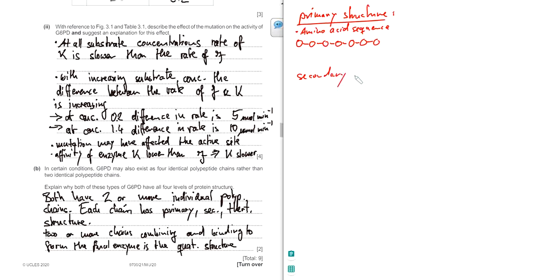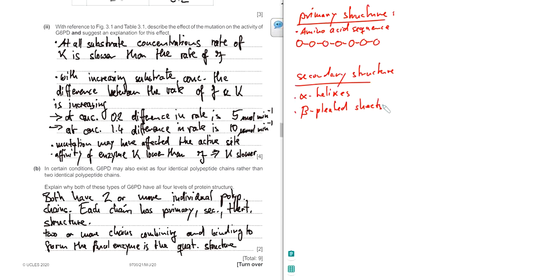Then the secondary structure are alpha helices and beta pleated sheets.